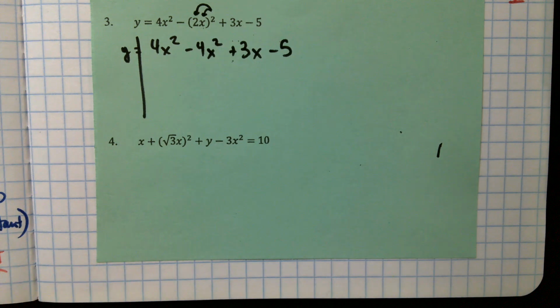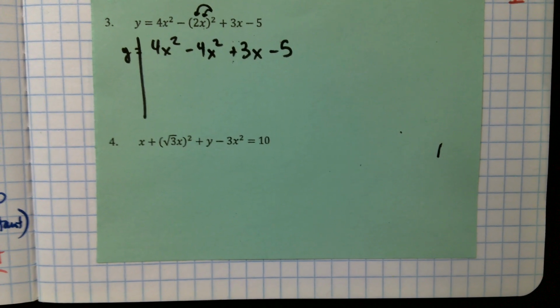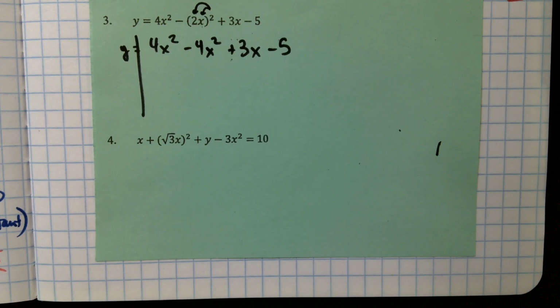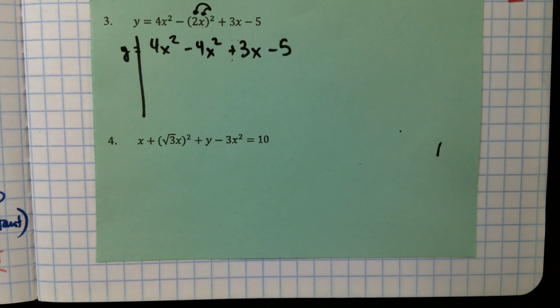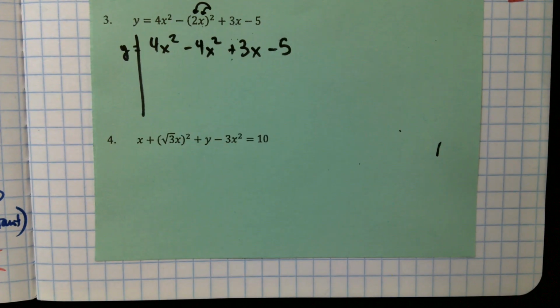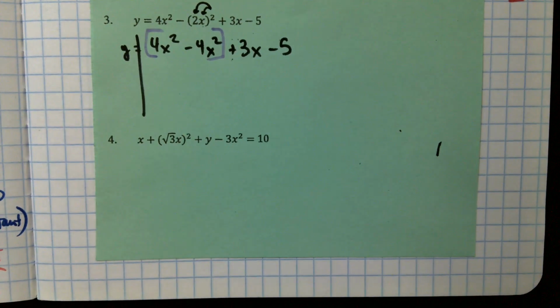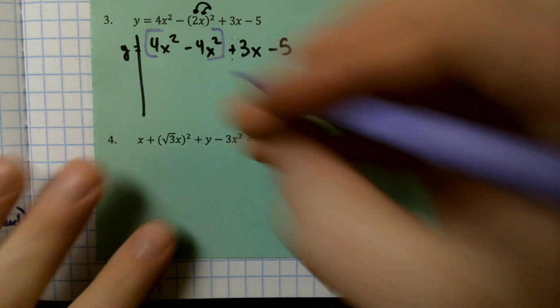So you may look at number 3 and go, oh, there's an exponent. This is nonlinear. Duh, so easy. But now that we've distributed that 2, what do we notice? Like terms. What like terms can I combine, Bhavia? That's right. 4x squared minus 4x squared. What is 4x squared minus 4x squared? 0.